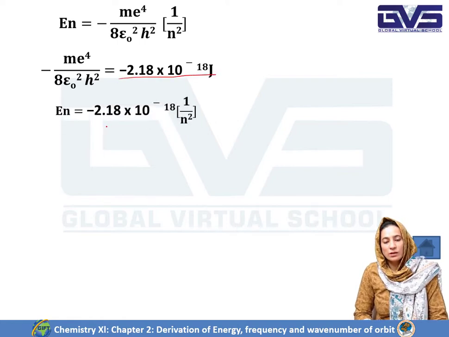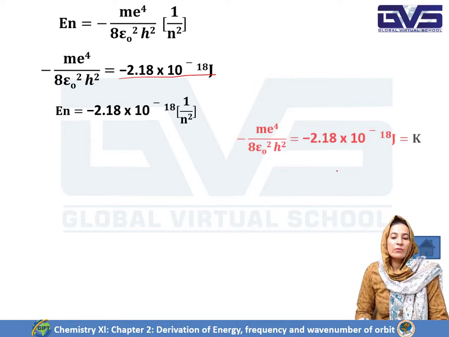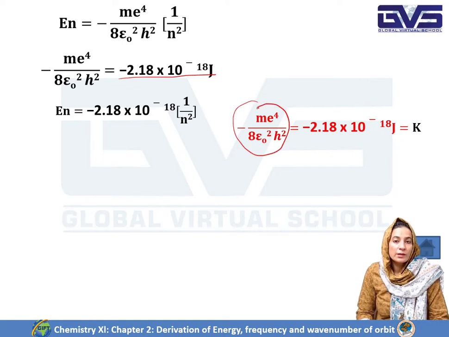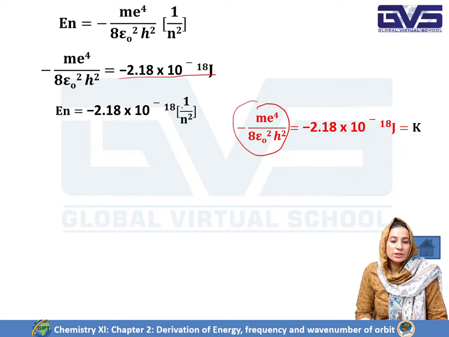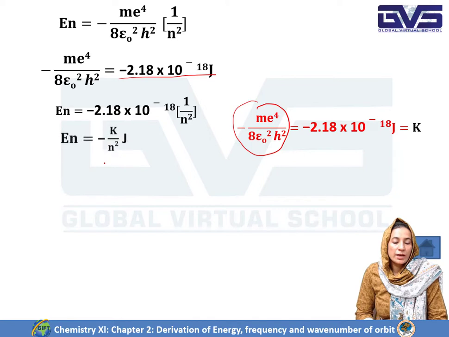You can also represent this with a k factor, like this. K is the combination of constants, and it has a value of 2.18 times 10 raised to power minus 18. So you can write k divided by n squared, and this value is in joule.